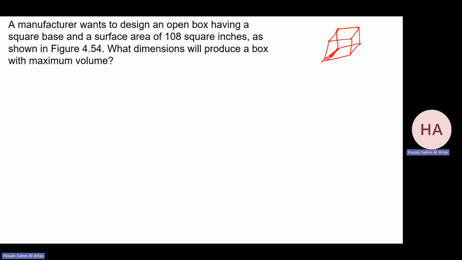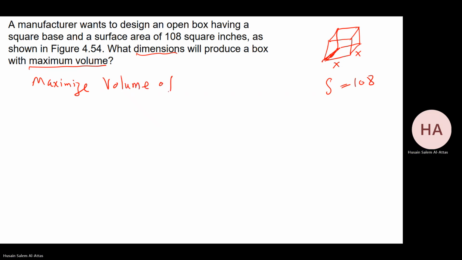The base is a square, so if this is x, this will be x. The surface area of the box is 108. What dimensions will produce the box with the maximum volume? So I want to maximize the volume of the box.